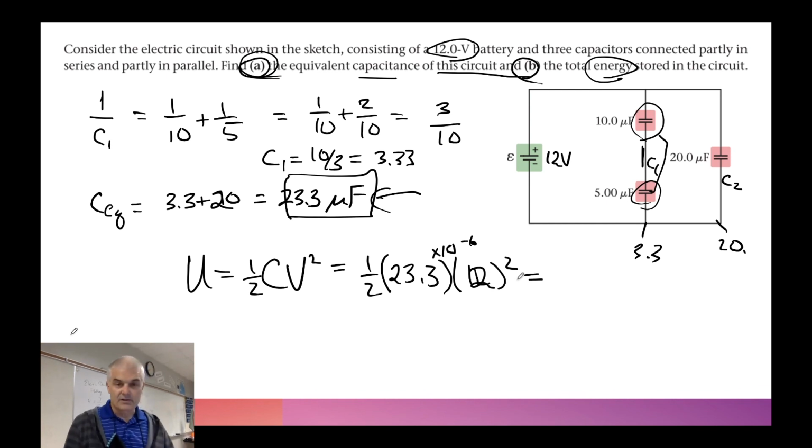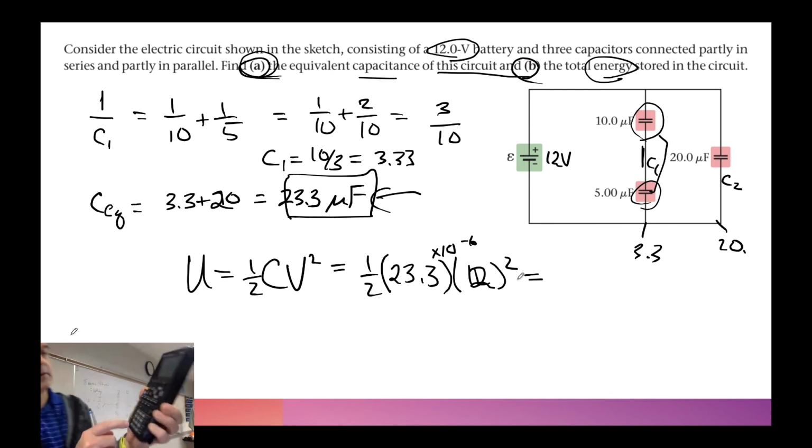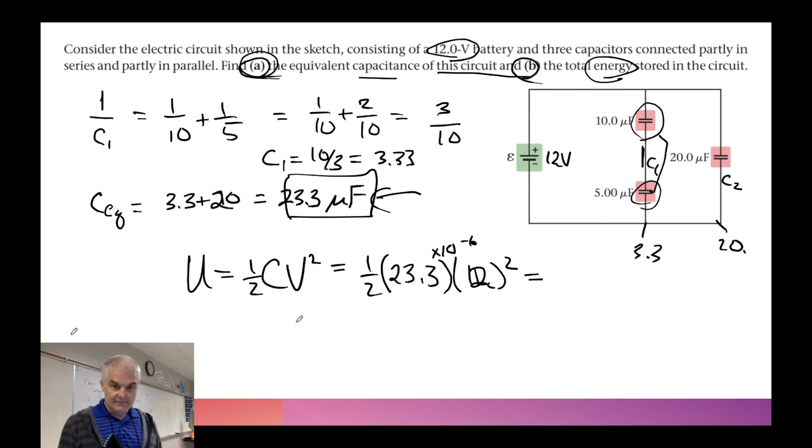So listen how I do this. I take 0.5 for the half, times 23.3. Now I'm pushing the double E button on my calculator, E, and then minus 6, times 12 squared. And I get U to be 0.0016 joules. And that's the answer.